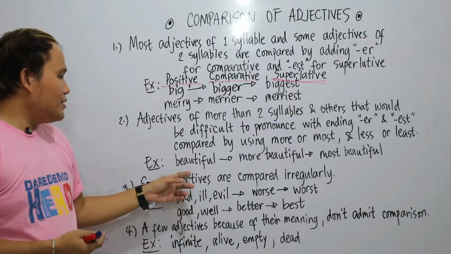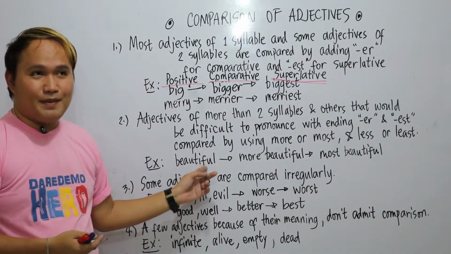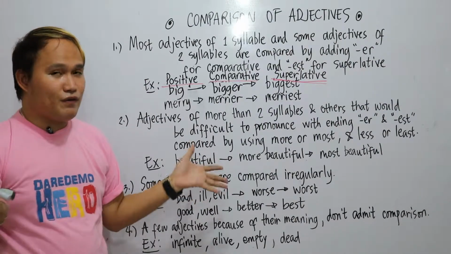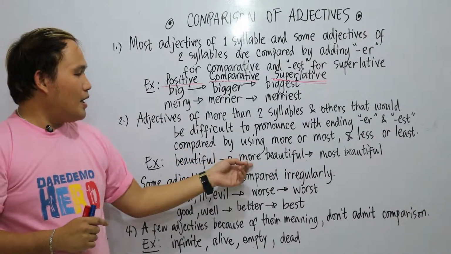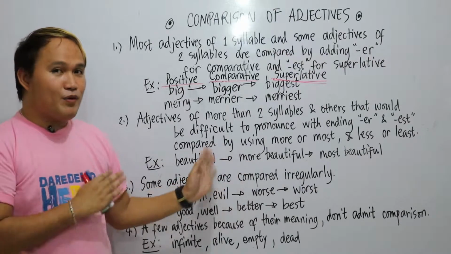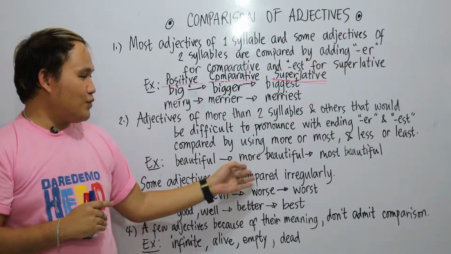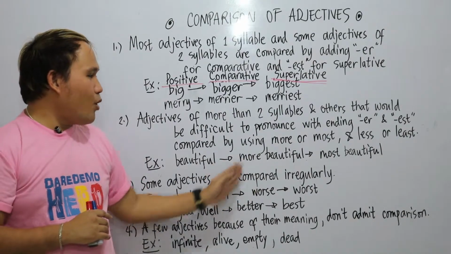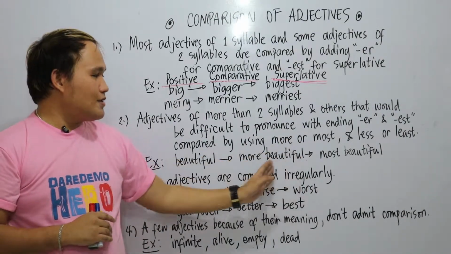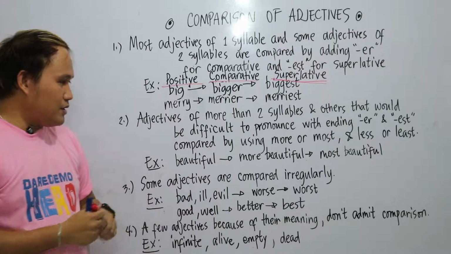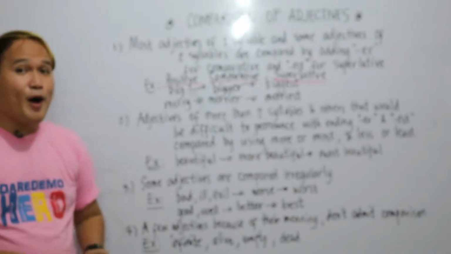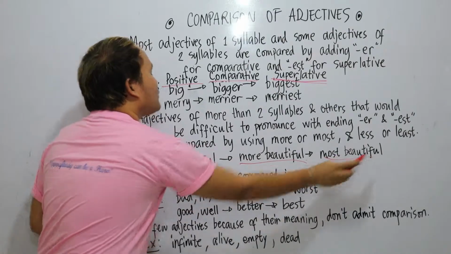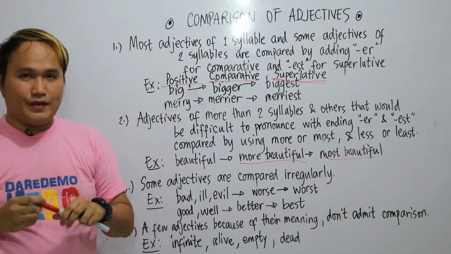So instead of saying beautifuler, because it's awkward or difficult to pronounce, just insert more before the adjective. So more beautiful is the comparative form of beautiful, and the superlative form of beautiful is most beautiful. There you have it.